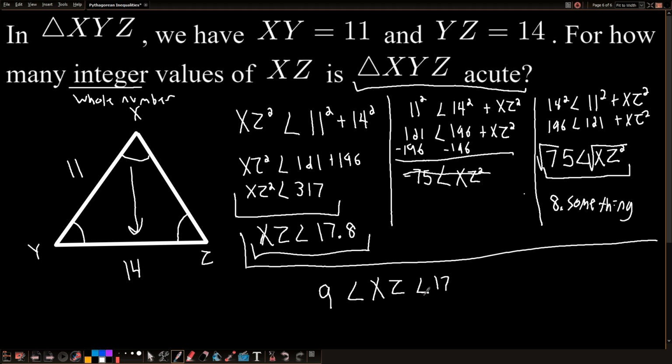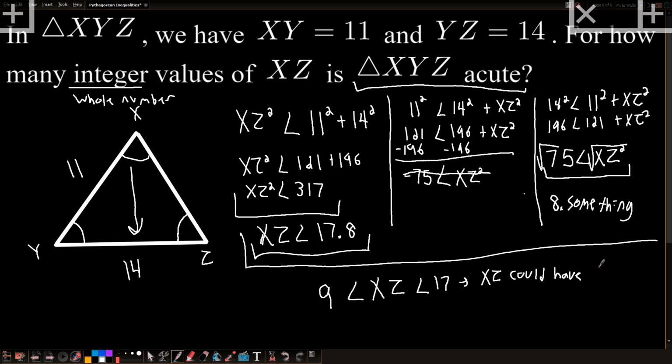So XZ is all possible integers between 9 and 17, which means that, well, if we're asking how many integer values it could possibly be, this is implying that XZ could have, well, what's the difference between 9 and 17?